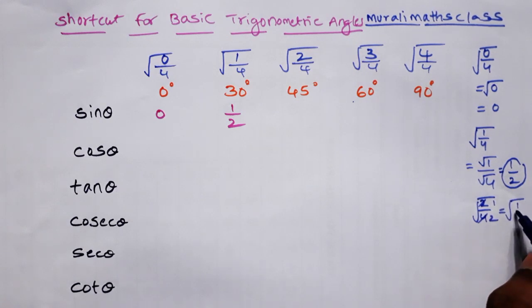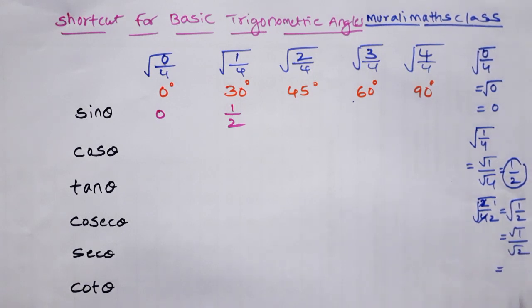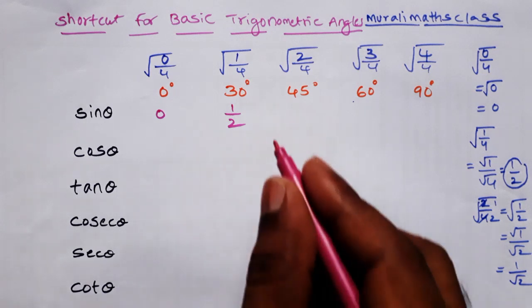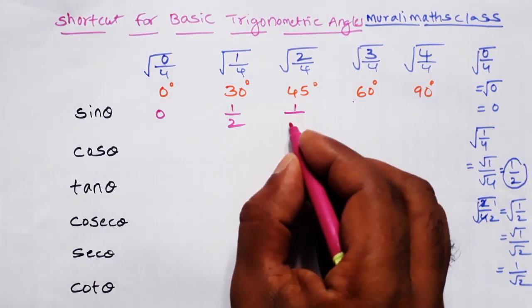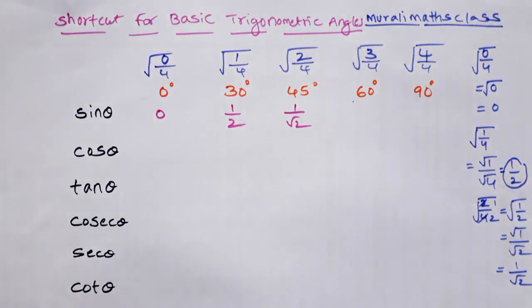Square root of 1 by 2. Write square root separately. Square root of 1 divided by square root of 2. Square root of 1 is 1, divided by square root of 2, square root of 2 only. So the answer is 1 by square root of 2.